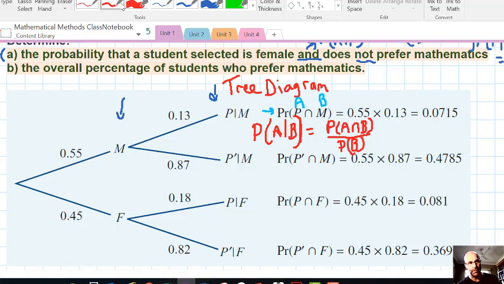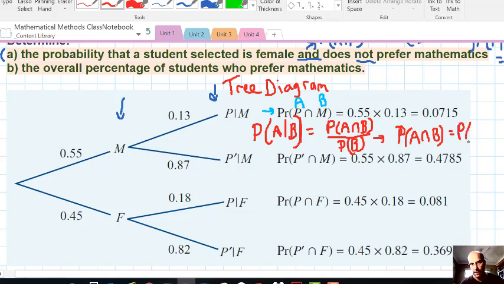So as we've seen in the past, we can rearrange that. The probability of A intersection B equals the probability of A given B times the probability of B.